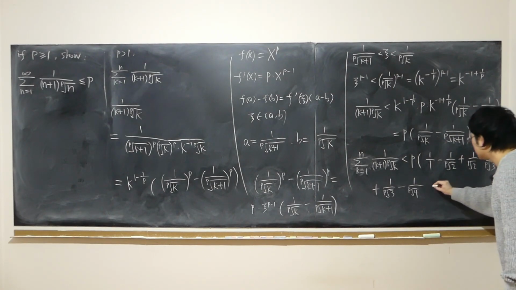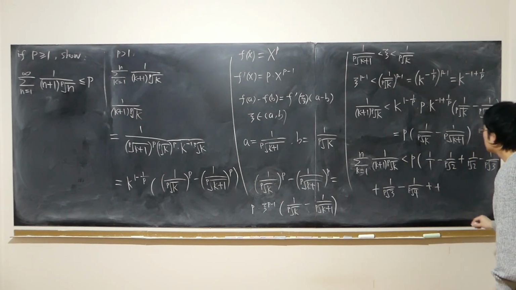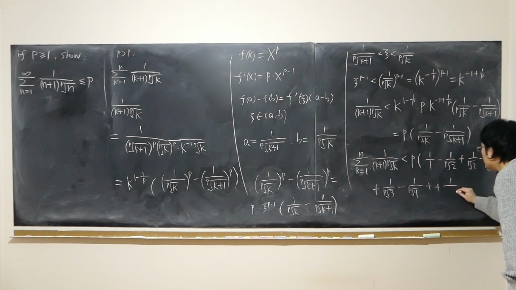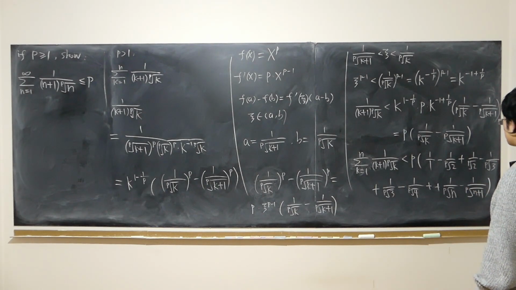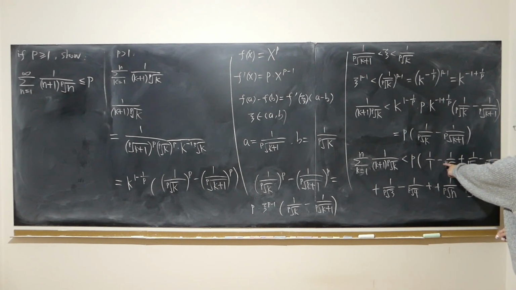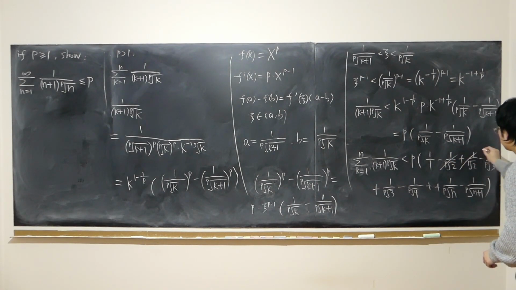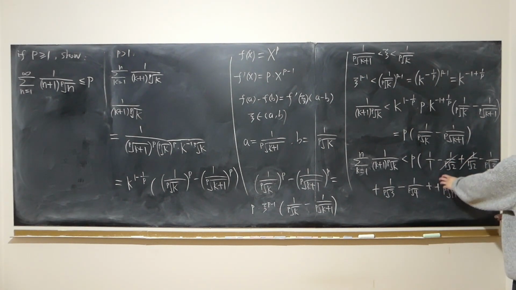So simply I have, in the end, 1 over the pth root of n minus 1 over the pth root of n plus 1. Right? So simply this and that, they can just cancel. It's always the latter of the previous pair cancels with the former of the next pair.